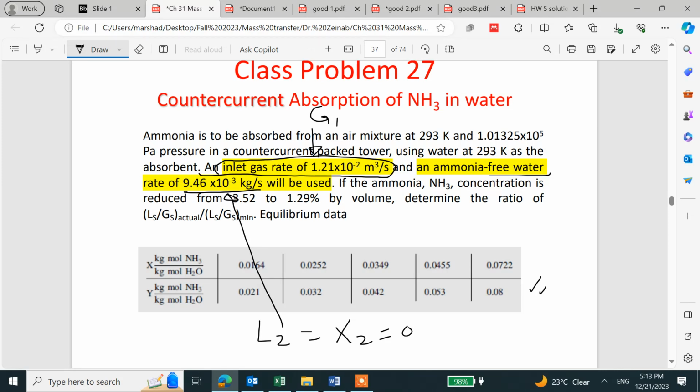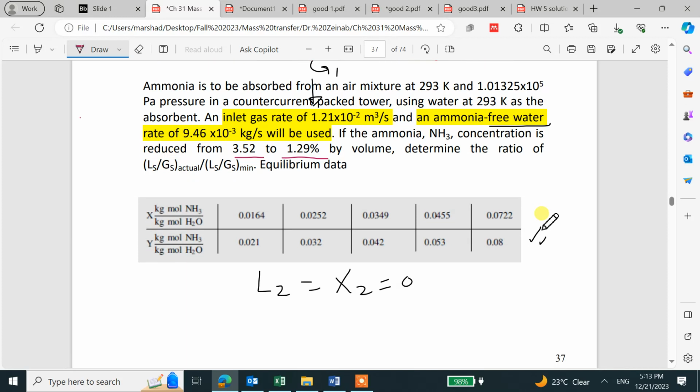And now what else do we have? We want to reduce the concentration of ammonia from 3.52 to 1.29 volume percent. So volume fraction is the same as mole fraction. So now what do we have?